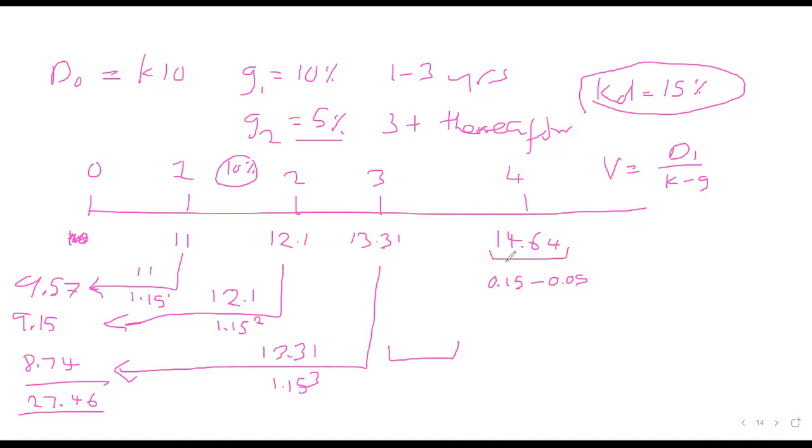So 14.64 over 0.10. I'm getting 146.4. Then since this is as at year 3 here, we want to also discount this one to find the value that it has.